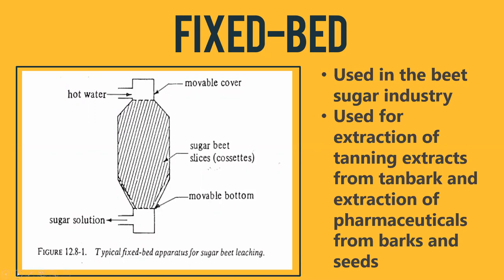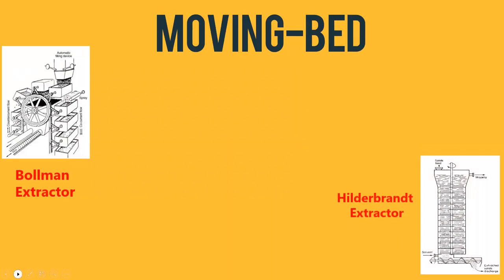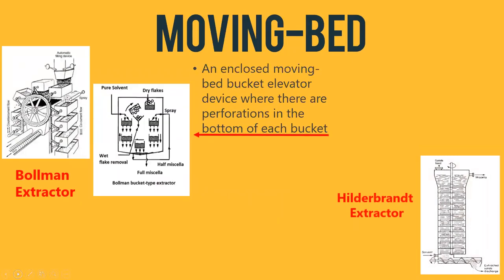Okay, the other type is the moving bed. So it is the bed that is moving. In this case, we can have what we call the Bollman extractor. For the Bollman extractor, we have two illustrations. One of these is taken from Coulson, the other one is from McCabe. It's an enclosed moving bed bucket elevator device where there are perforations in the bottom of each bucket.